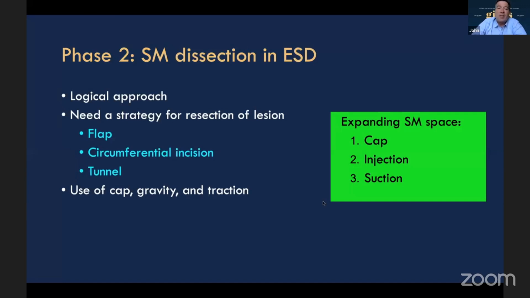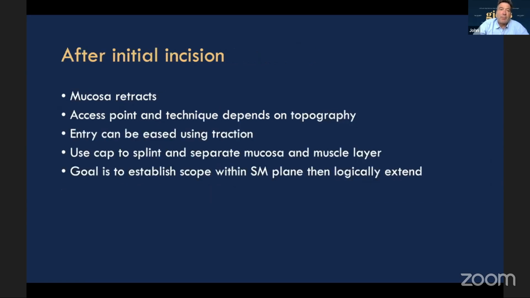And just remember, if the space doesn't appear too big, the things you can do to expand the space are wedge the cap in so it splints the muscle there and the mucosa, and inject into that space, which is a routine technique we use, but also deflate the bowel around it, because as you expand the intraluminal space, it stretches and flattens the submucosal space. So what you want is relatively little air in the luminal space, to help expand the submucosa.